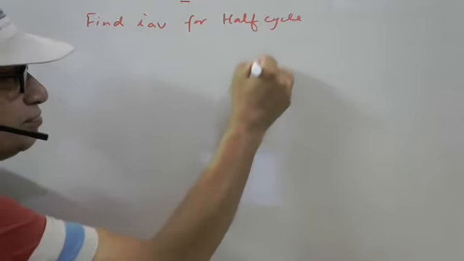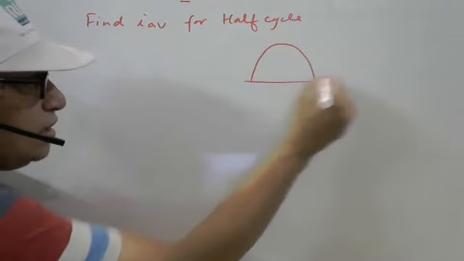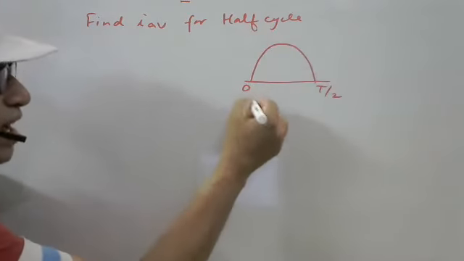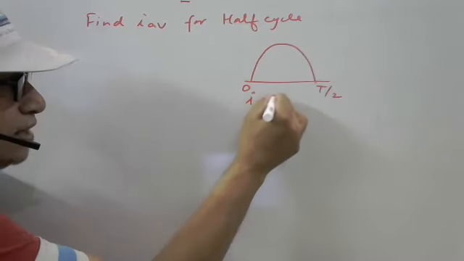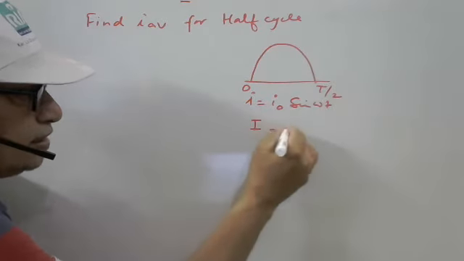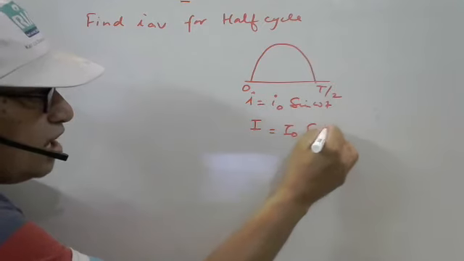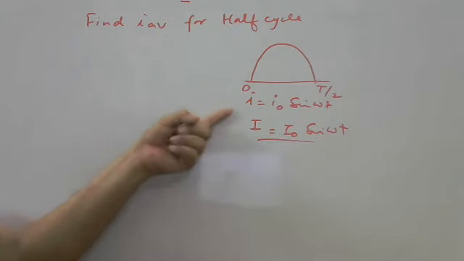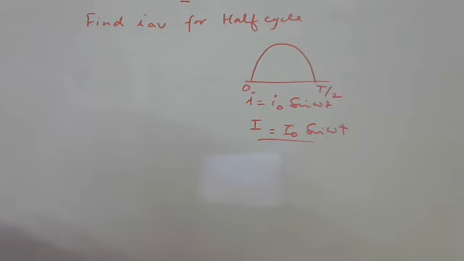Let us say this is the half cycle, 0 to T by 2, and the function given is I equals I naught sin omega t. Either you write with a capital letter or a small letter, it doesn't matter, there is no difference definitely. You can write with small or capital letter. Got it?